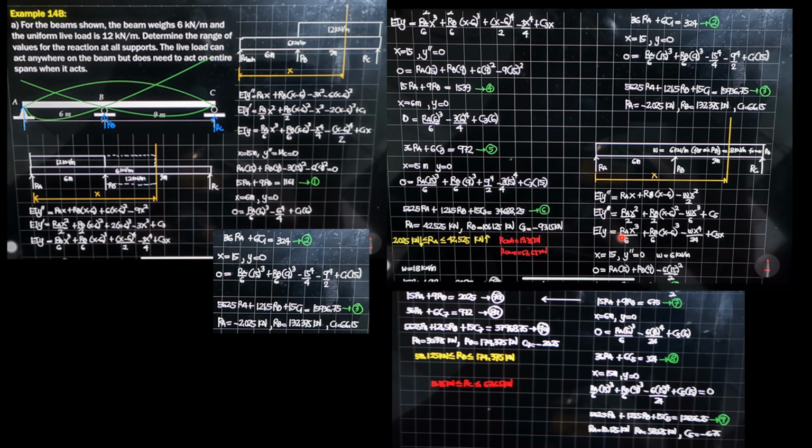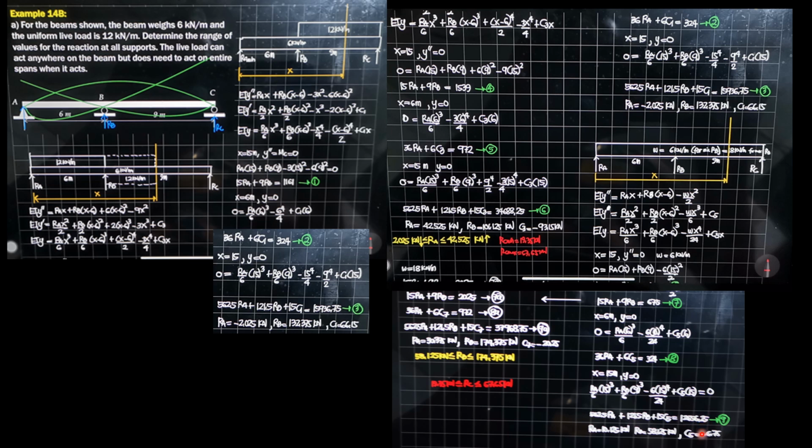Then, when x is 15, y is 0. So 0 equals RA 15 cubed over 6 plus RB over 6 times 9 cubed minus 6 times 15 to the 4th over 24 plus C sub 5 times 15 equals 0. Simplifying, 562.5 RA plus 121.5 RB plus 15 C sub 5 equals, you just evaluate 6 times 15 to the 4th over 24.